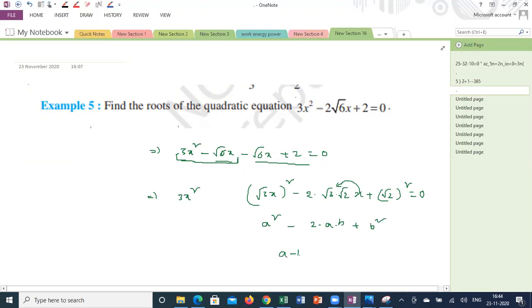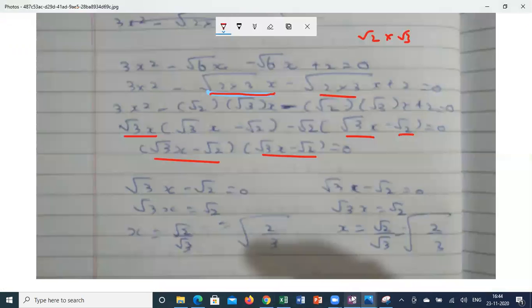So this is a minus b whole square, where a is root 3x and b is root 2. So the roots are the same. x is equal to root 2 by root 3, root 2 by root 3.